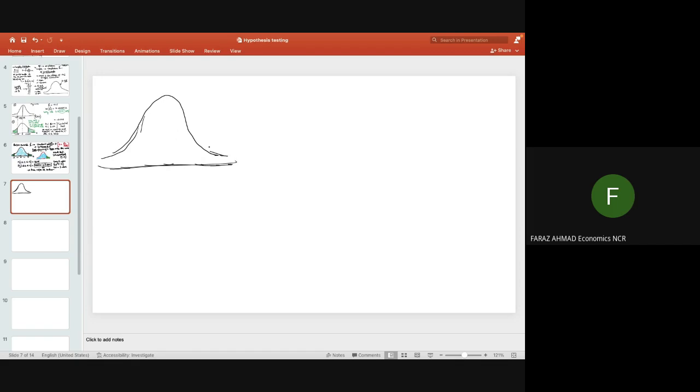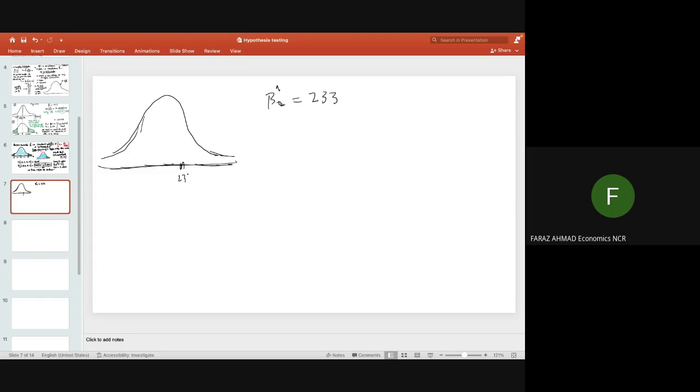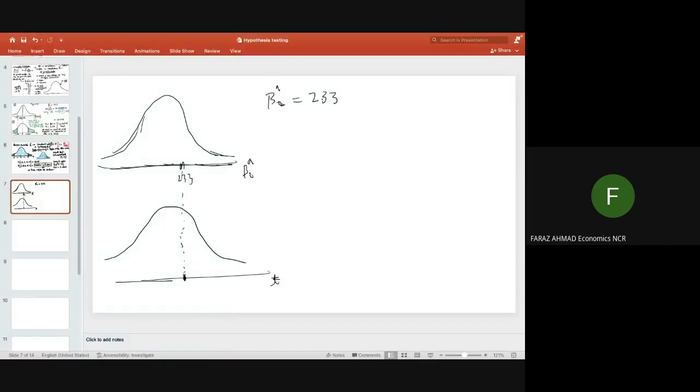So when I'm saying that beta 2 hat is equal to 233, and suppose 233 is somewhere here, and this is beta 2 hat scale, and then I converted it to a t scale.